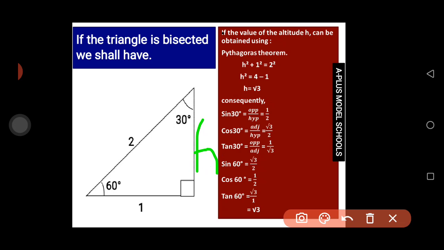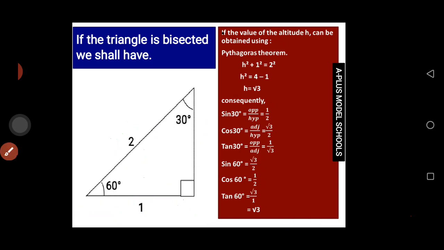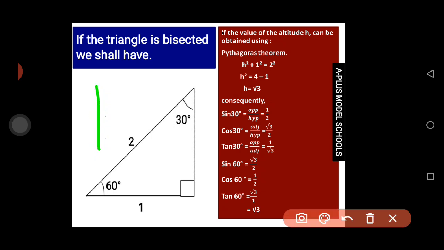Don't forget, this is also a right-angled triangle in which I have the hypotenuse to be 2 and one of the two other sides to be 1. So to look for the second side, 1 square plus h square is equals to 2 square.